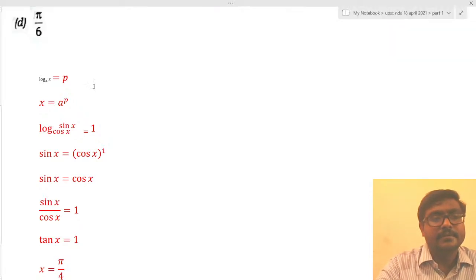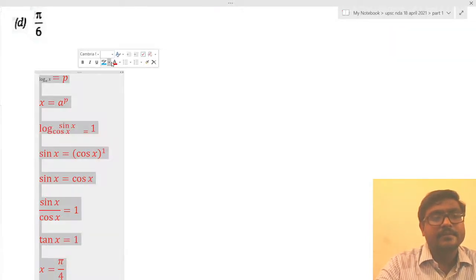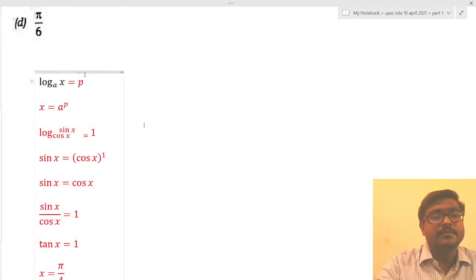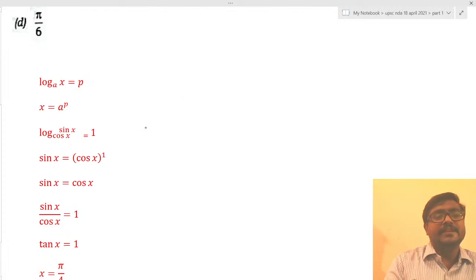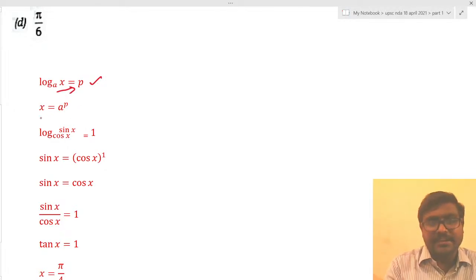Now, log x base a equal to b. If the situation is like this, we can simplify it like this: a to the power b equal to x. We can write this form. We can remove the logs anytime. If you want to take log, it will be log x to the base a equal to b. We can convert one form to another any time.